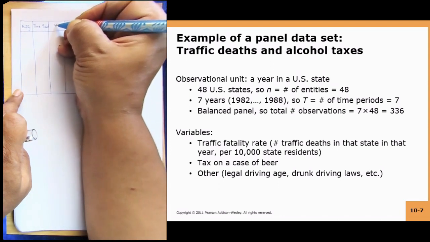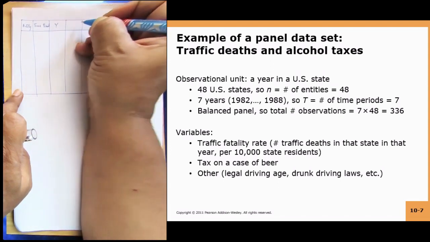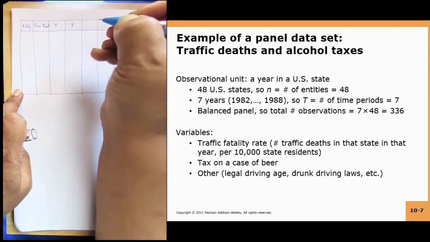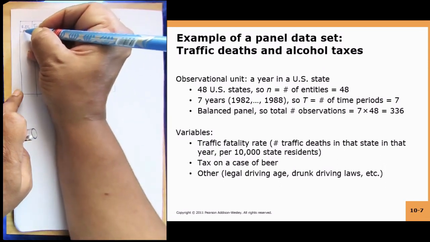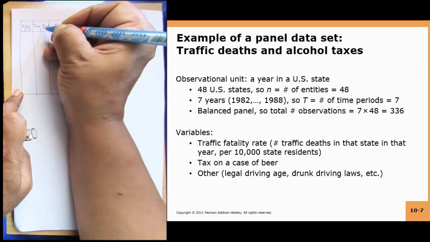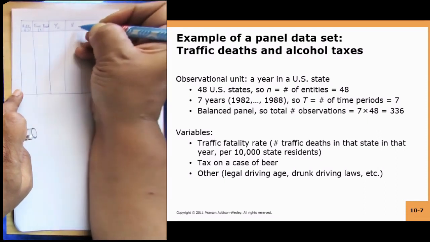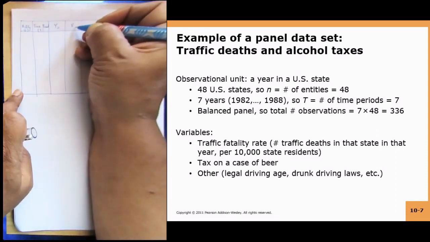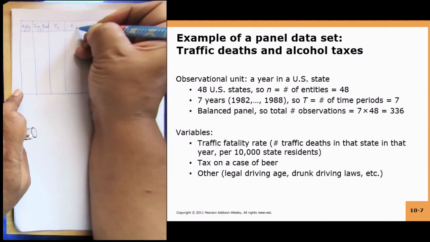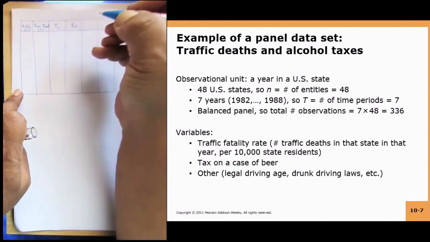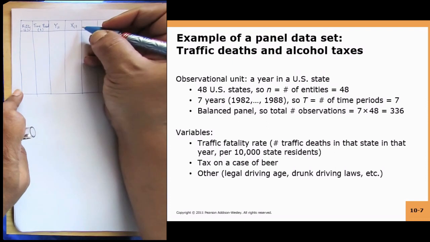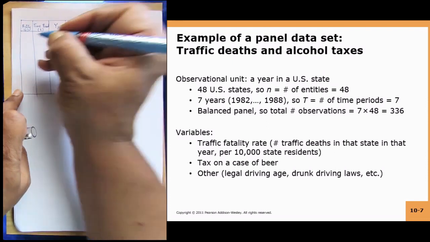This column is for the y variable and this column is for the x variable. Entity is denoted by i and time period is denoted by t. Each dependent variable is for the ith entity and the tth time, and the independent variable is also for the ith entity and tth time.